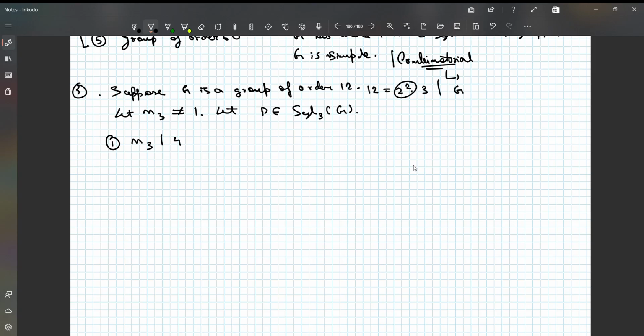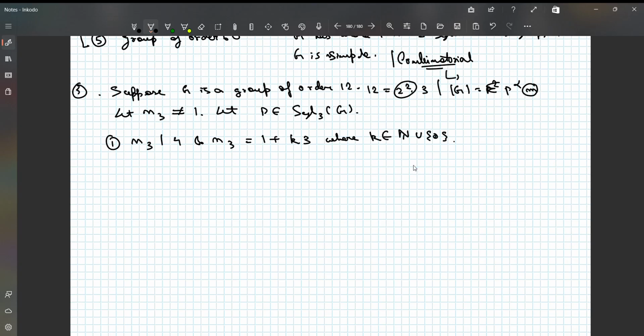If you recall that if you have a group of order P to the power alpha times M, then the number of Sylow P subgroups will divide this element M, where P and M are co-prime. These things are covered in the previous lecture. So N3 must divide 4, and N3 has the form 1 plus 3K, where K is some non-negative integer.